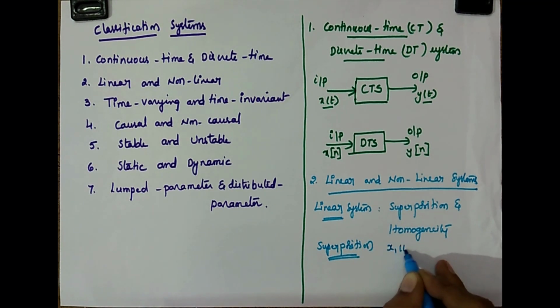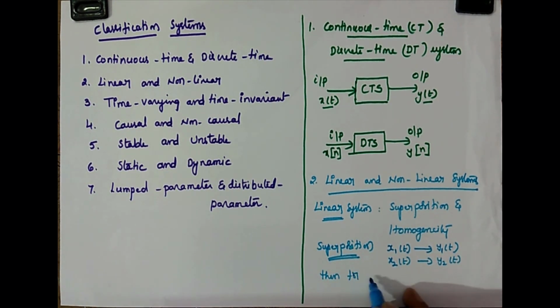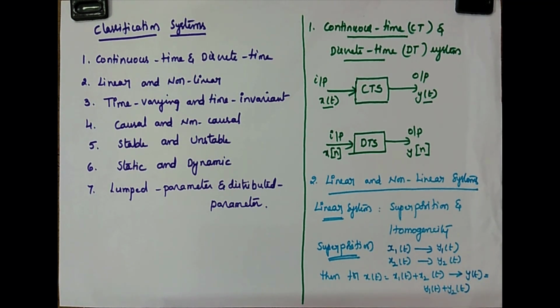Suppose if x1 of t is the input and it produces the output y1 of t, and for input x2 of t, the system produces output y2 of t, then for x of t equal to x1 of t plus x2 of t, if the system produces y of t which is equal to y1 of t plus y2 of t, then the system is satisfying superposition.